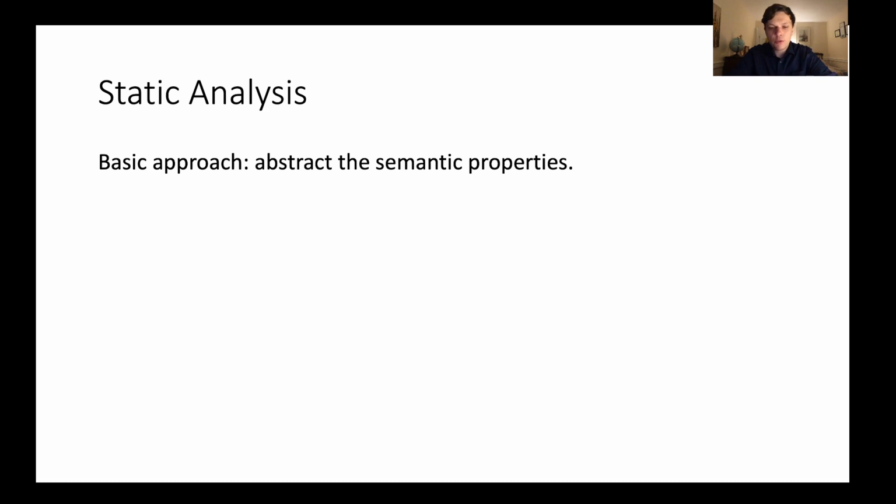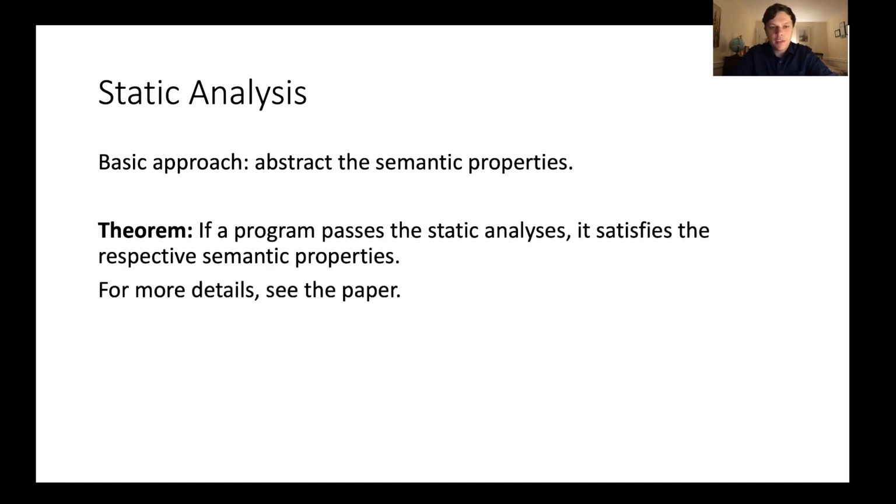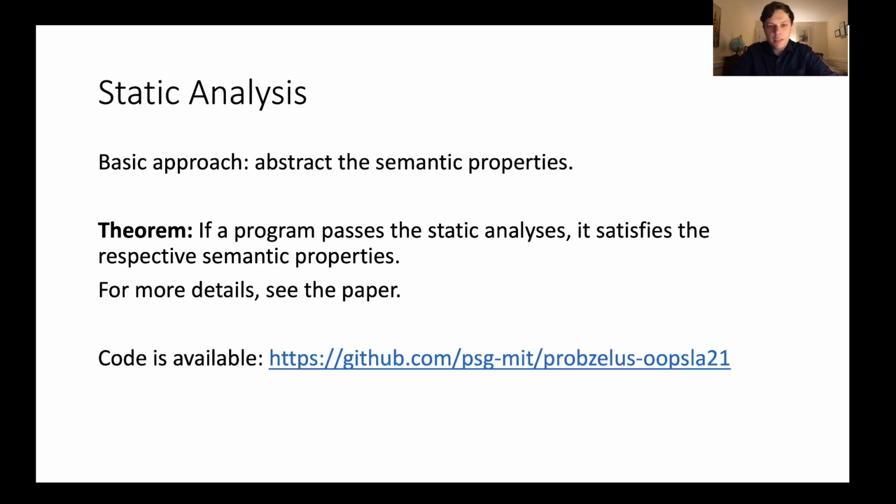I don't want to go too much into the detail, except that we have a theorem that says that if the program passes the static analysis, it satisfies the semantic properties. So this is stating that our analysis is sound. We have more details on the formal development in the paper, and a proof in the appendix. There is also an implementation available online.